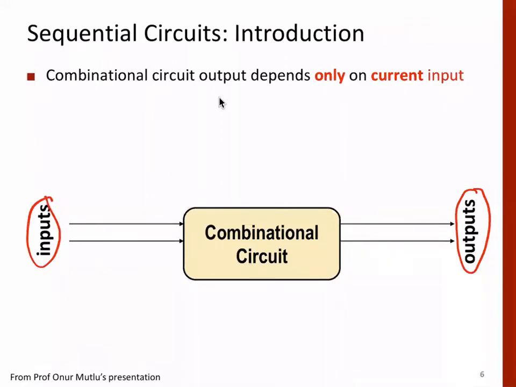Whatever be the input, that will produce an output. And after some time, whatever is another set of input, that will produce the output corresponding to the second set of input. That second set could be related to the first set, but the circuit here does not store any information about previous states or previous inputs.